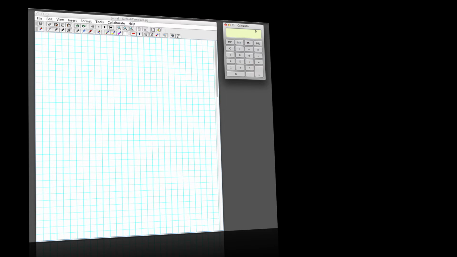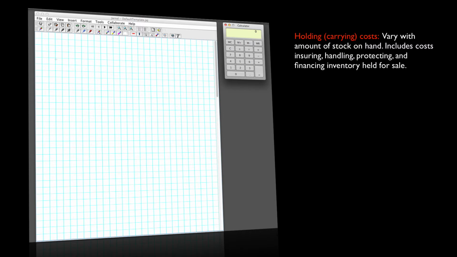And the costs that we're concerned about really fall into three categories beyond just the investment of labor and materials. If we're going to have inventory on hand that we're not going to sell immediately, that means we're going to have to hold it for a period of time. And that's going to involve certain costs related to maintaining the integrity of that inventory.